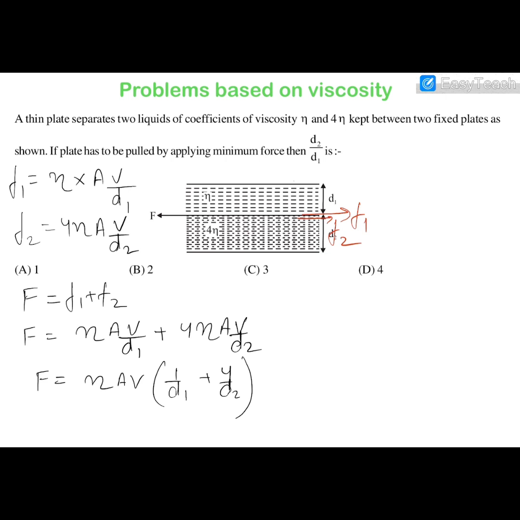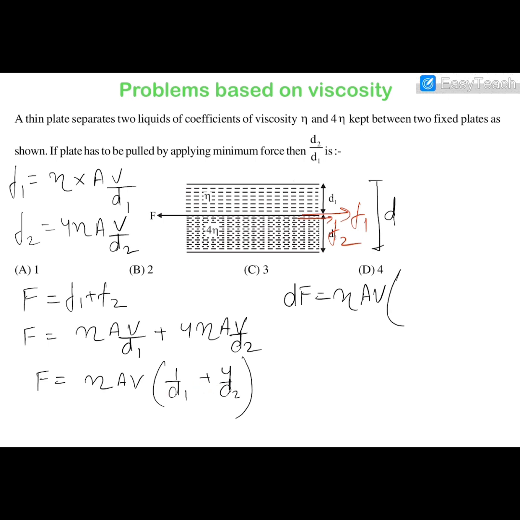Now we have to find out the minimum value of force. So we can obviously know that dF will be equal to eta AV, and let us differentiate these two terms.